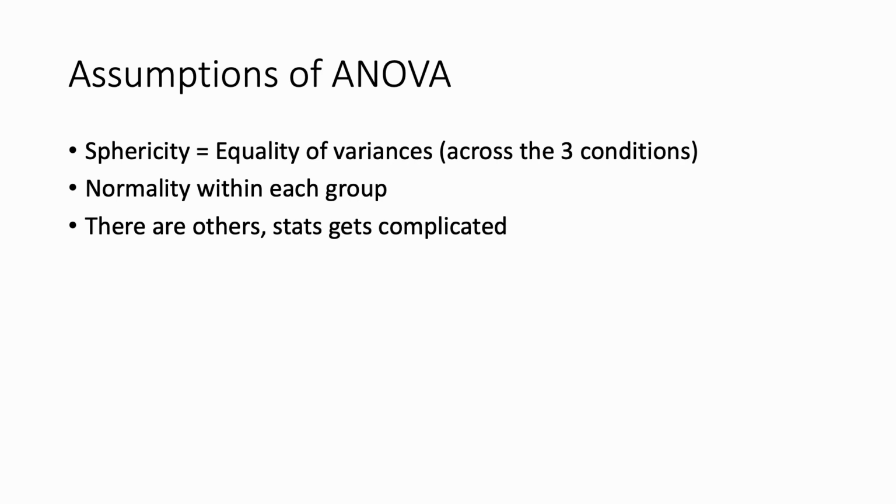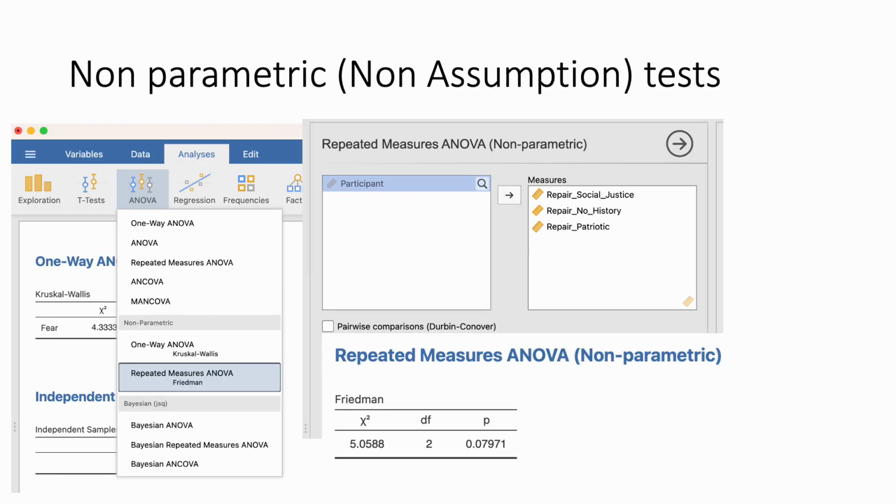Now, we do have assumptions of the within subjects ANOVA. They're very similar to the assumptions we had before. You don't need to memorize these. To run the non-parametric test is quite easy. Analysis, ANOVA, repeated measures ANOVA. Here I throw all my measures, all my DVs, into the measures box in that second box. Your output, which I hid some things in, is telling me my p-value is still non-significant. Honestly, if this was my data, what I was looking for is that a violation of assumptions hid a significant effect.